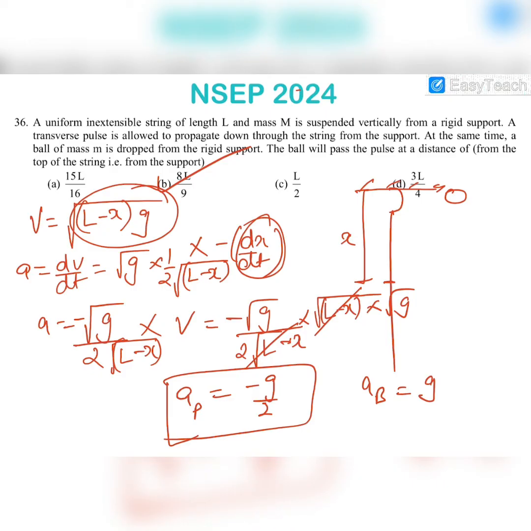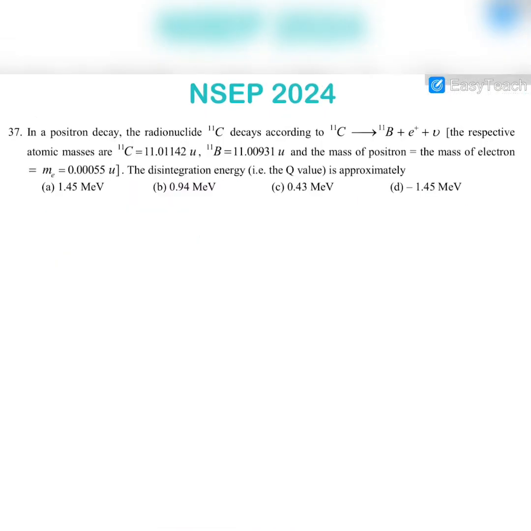Now we move on to the next question. In this question, you can see that this is a positron decay reaction, and in this reaction C, which is the carbon, is decaying into boron, a positron and a photon.